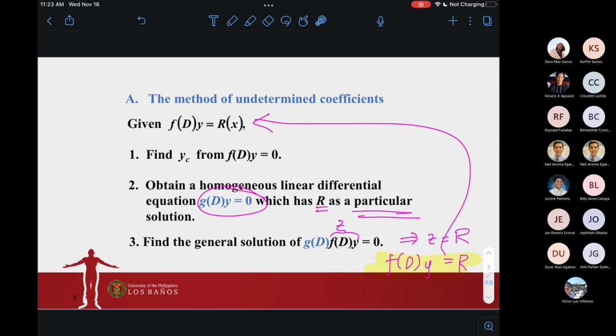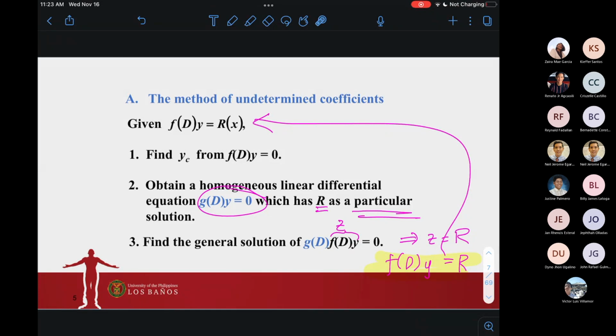Yung step number 2 siya yung nasa dulo ng section 3.5 na ginawa natin kanina. Steps 3, 4, and 5 ay purely algebraic and elementary calculus. So, yeah, yun yung titingnan natin how this entire recipe comes together when for particular GLDEs.